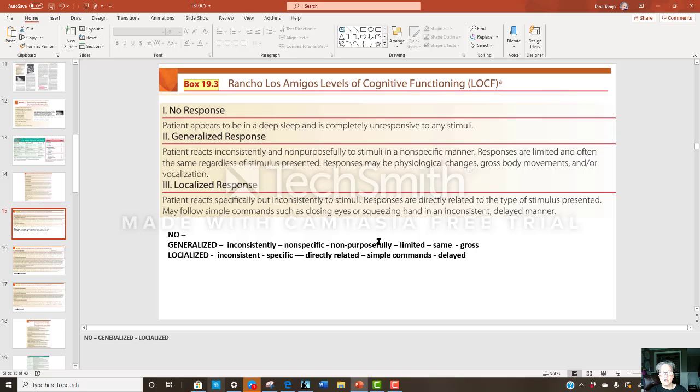Non-purposeful, unrelated. Stimulus, the response is not related to the stimulus. Limited, no matter what. Okay, so same. So let's change this word.